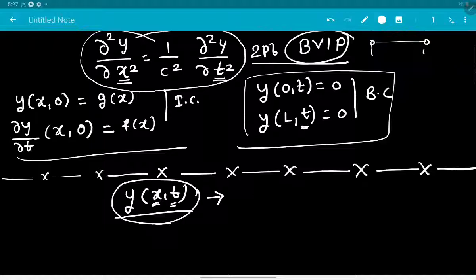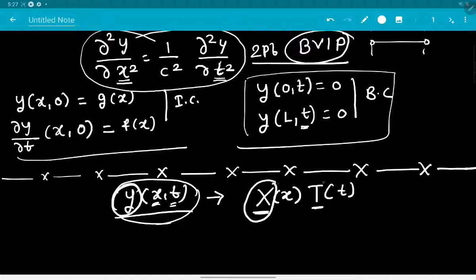I can write y as capital X, function of small x, times capital T, function of small t. So I am writing y, an unknown function, as the multiplication of two unknown functions, capital X and capital T. Capital X is a function of small x alone and capital T is a function of small t alone.